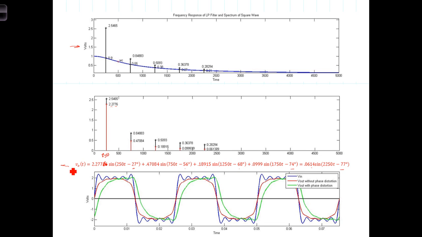Thus, we have reconstructed the output that results from those 5 components being put into that low-pass filter. Let's look now at each of the different time functions, and we'll talk about this red one. First of all, the blue function is our approximation to the square wave. There are only 5 components.